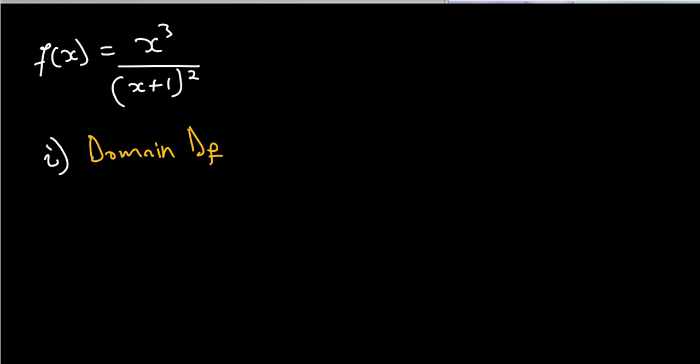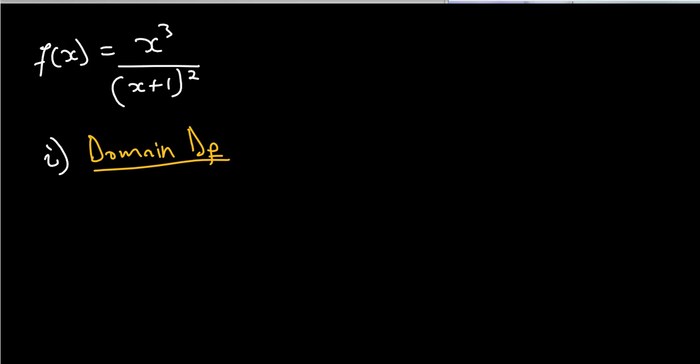Domain Df. So we defined in the previous video, in which the link is in the description, that the domain of a function is the set of possible values in which that function is defined. So for rational functions, we saw that it will be defined for all values of x except the zeros of the denominator, since division by 0 does not exist.